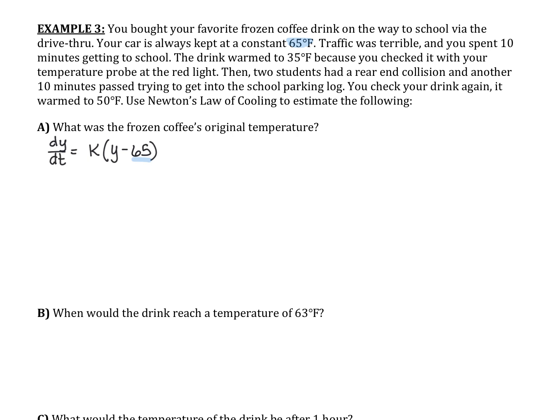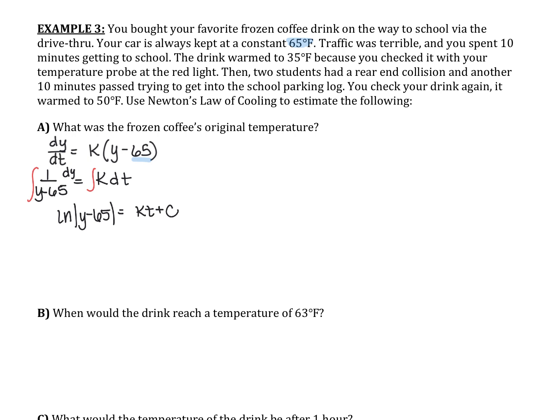Now, I'm going to separate these as much as possible. So separating this, we get 1 over y minus 65 dy equals k dt. I'm going to integrate both sides. So far, this doesn't seem out of the ordinary at all. We would get the natural log of the absolute value of y minus 65 equals kt plus some constant of integration.